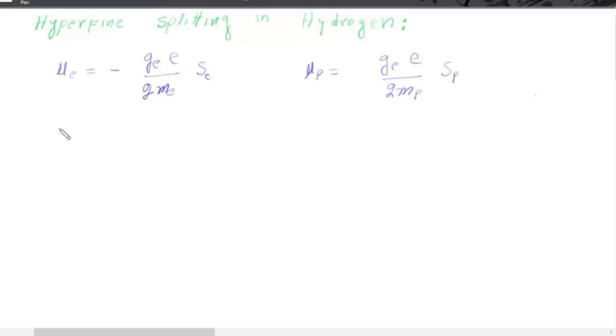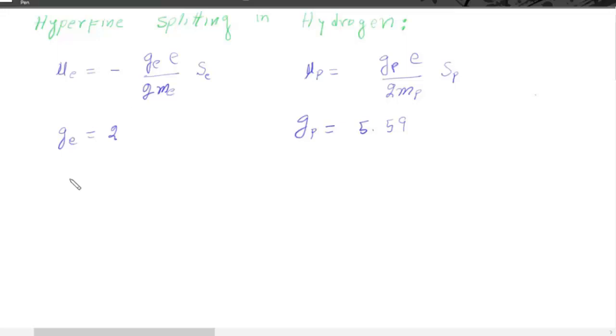Here the value of g_e is exactly equal to 2 according to Dirac theory, and the value of g_p is 5.59.